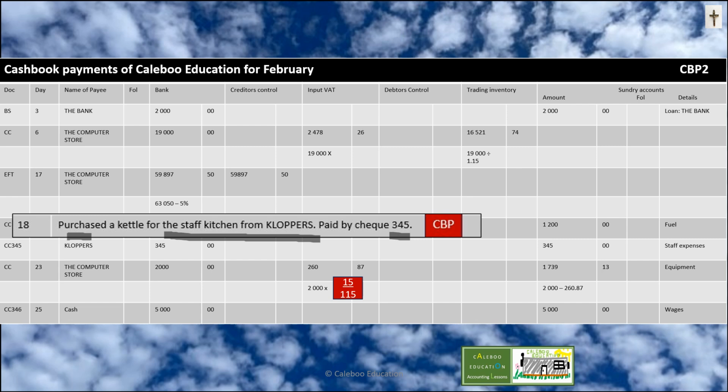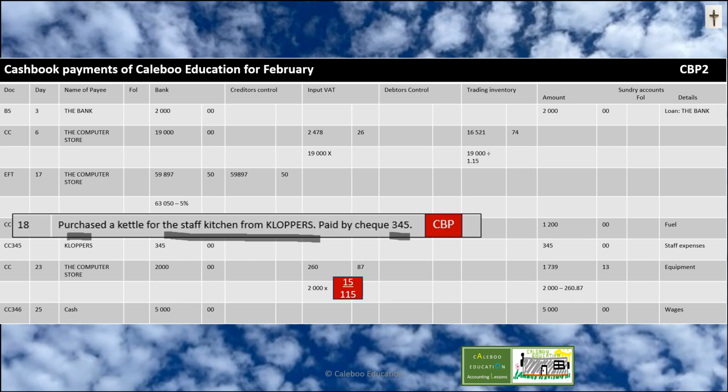Anything for the staff is a non-allowable item, which means the VAT is 0. VAT cannot be claimed for staff functions, staff items, right? So the VAT will be 0.